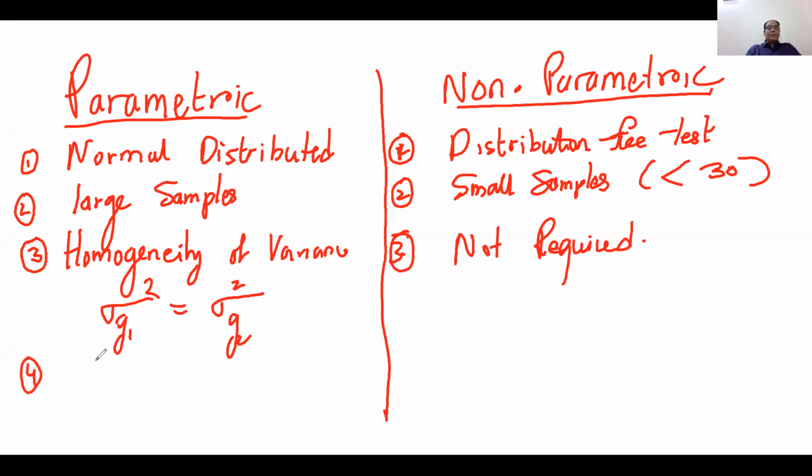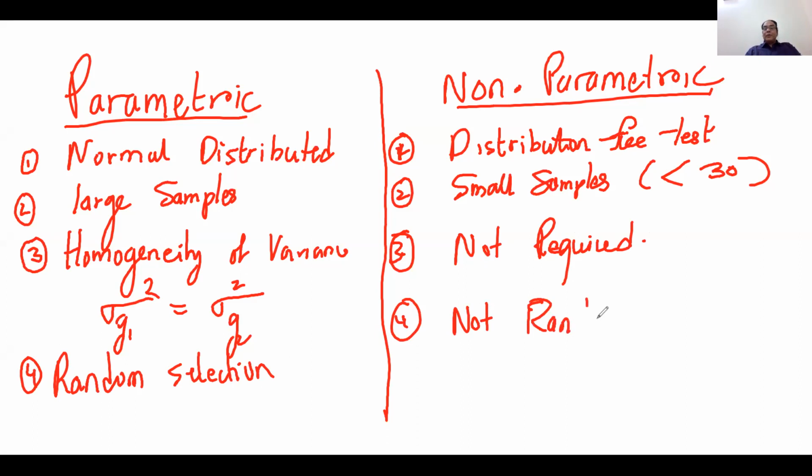Number 4, random selection of the participants. Here it is not required to have random selection of the participants. One more important difference: mostly scale variables are involved in the parametric test.